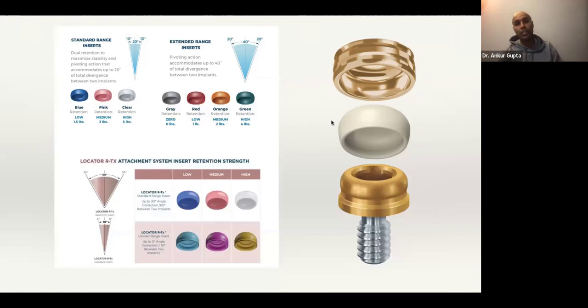One thing that is just starting to enter the market is something called Locator Fixed. This is where you place a normal locator, but the retention cap and metal housing apparatus is so stiff that you can actually make a fixed case for the patient where they never take it out.